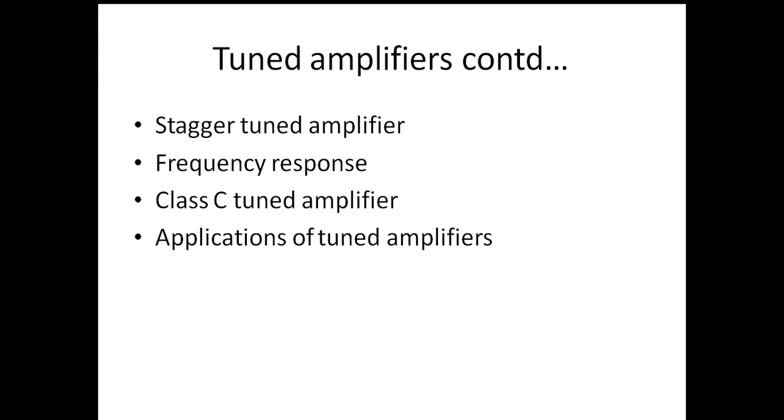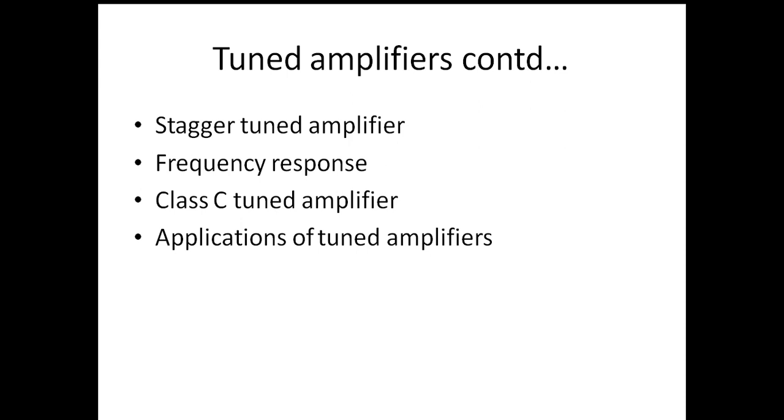Hence, the tuned amplifier circuit consists of an amplifier circuit in combination with a tuned circuit. Tuned is nothing but the parallel combination of L and C. This parallel combination of L and C is connected to the collector circuit as a load. So across the load we can measure the output signal. This is the definition of the tuned amplifier circuit.